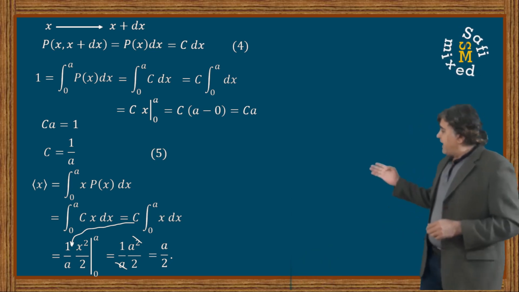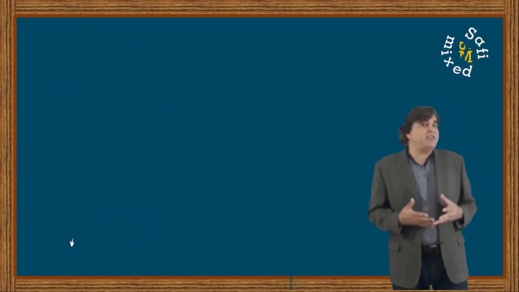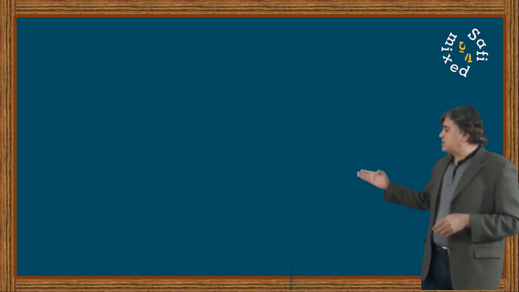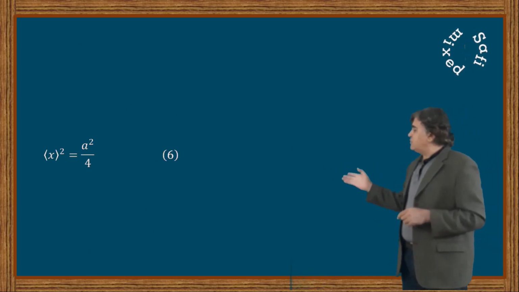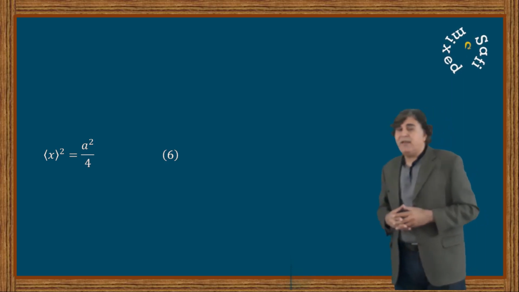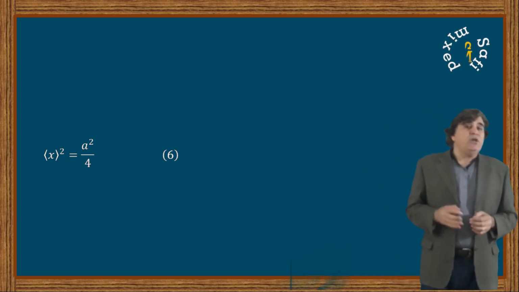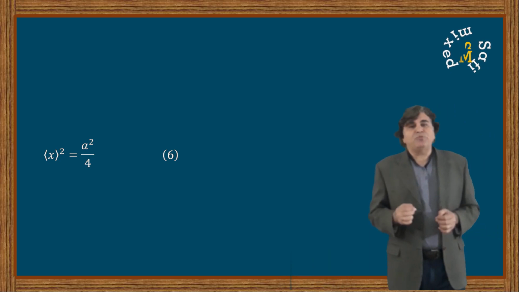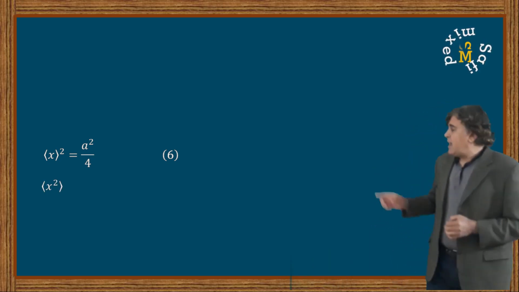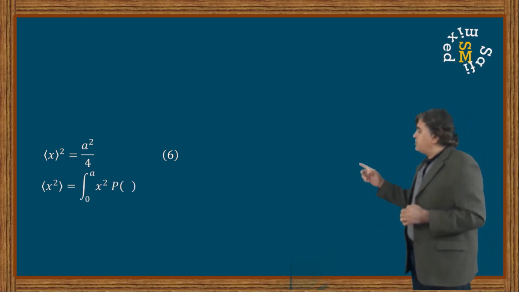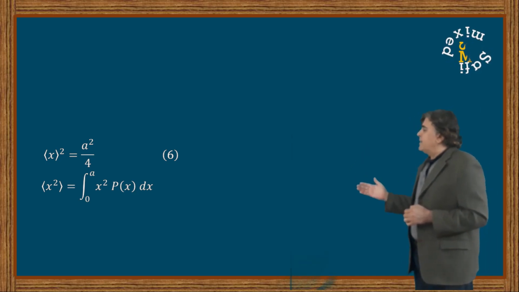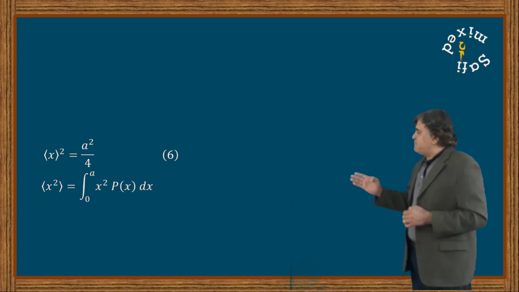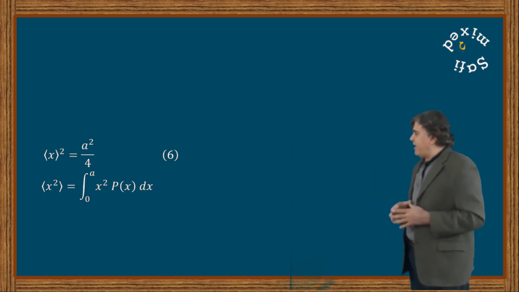Squaring this equation, I can find the square of the average of the position, which goes like x average whole squared. X average squared is equal to a squared divided by 4. Similarly, the average of the square of the position is given by x squared average, which equals the integral from 0 to a of x squared times P(x) times dx.